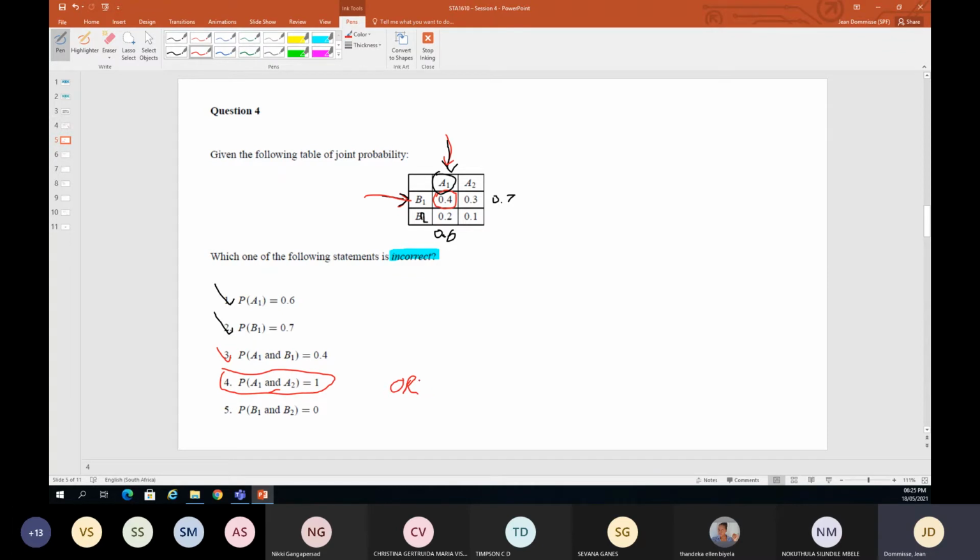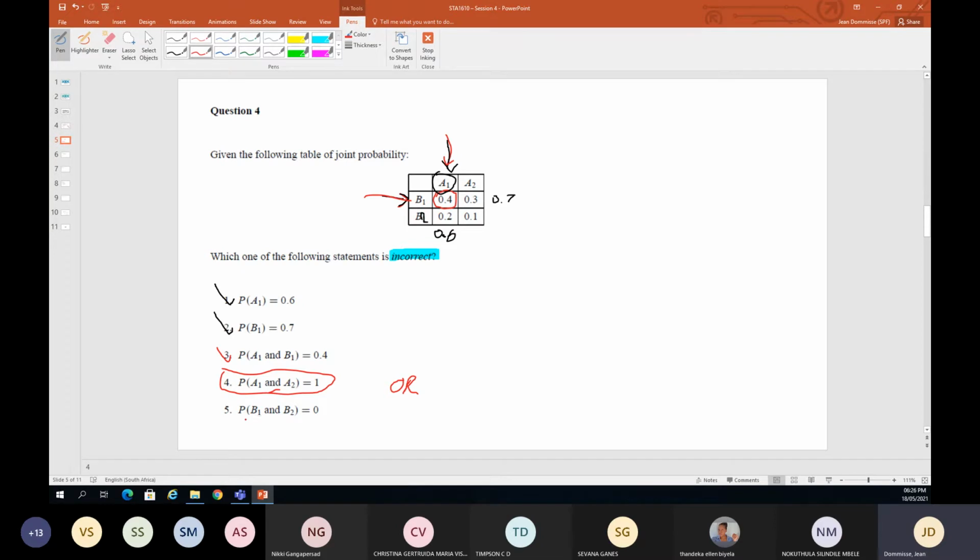So what you now did was to say it's all of the A1s or all of the A2s. So this calculation is for or, not for and.